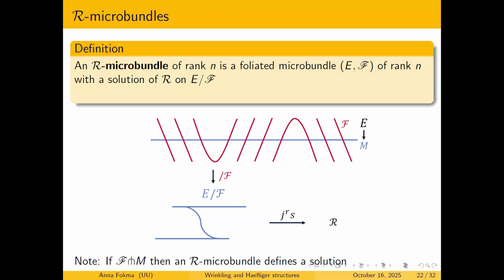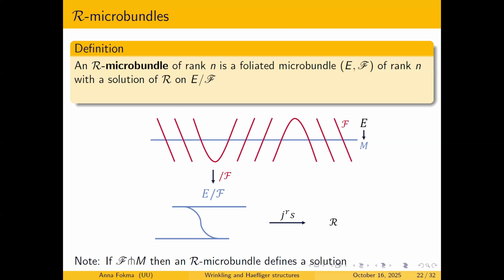If the foliation on the foliated microbundle is transverse to the underlying manifold, the manifold actually embeds into the leaf space, and then the solution on the leaf space also defines a solution on M, meaning that an R-microbundle can really be interpreted as a singular solution.